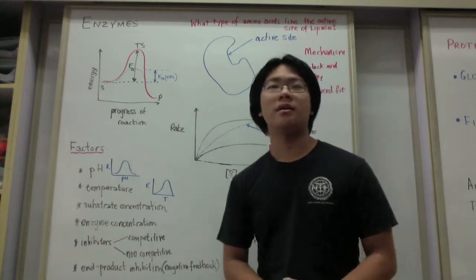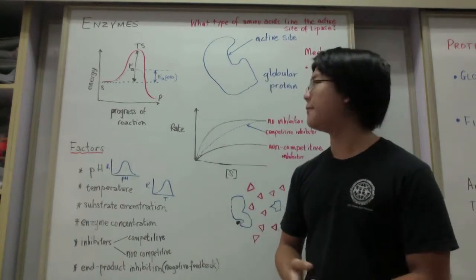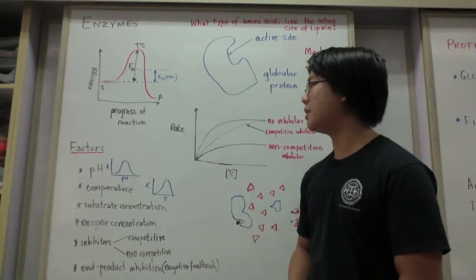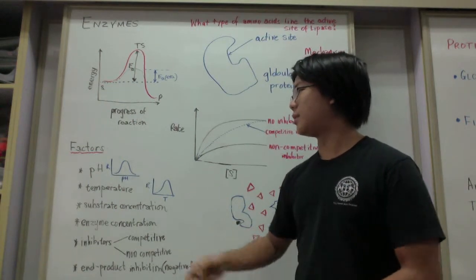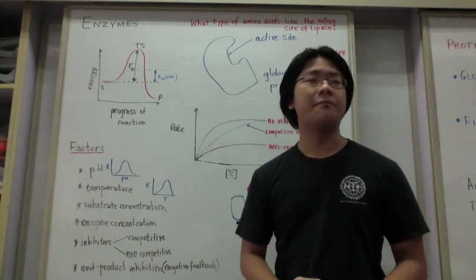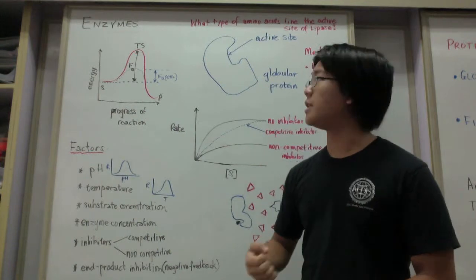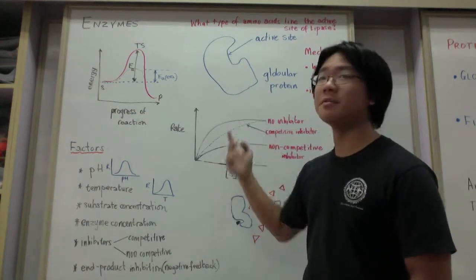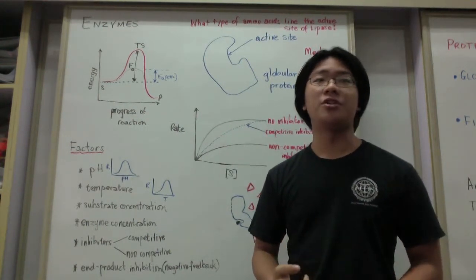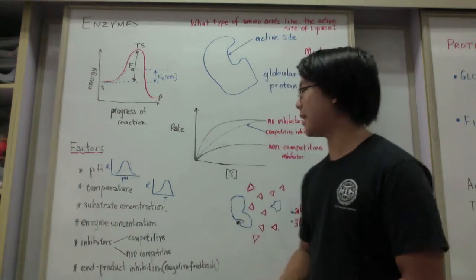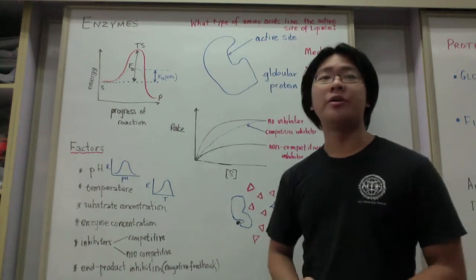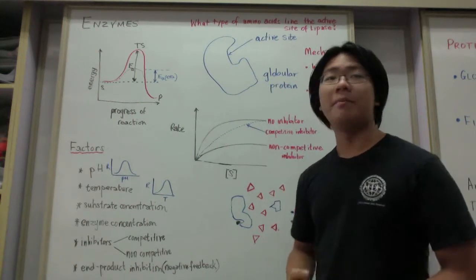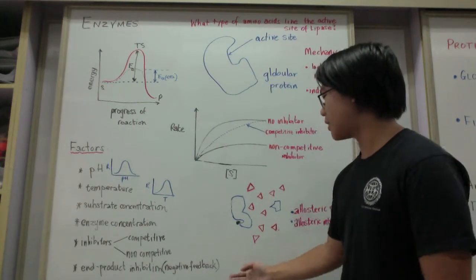There are also a couple of other factors that can affect the ability of an enzyme to function, and these are pH and temperature. At extremes of pH and temperature, the protein that enzymes consist of can denature, unfold, which again changes the active site. One example that is very important in the body, and it's an example of competitive inhibition, is end product inhibition.